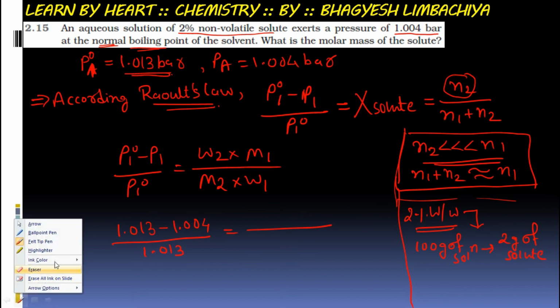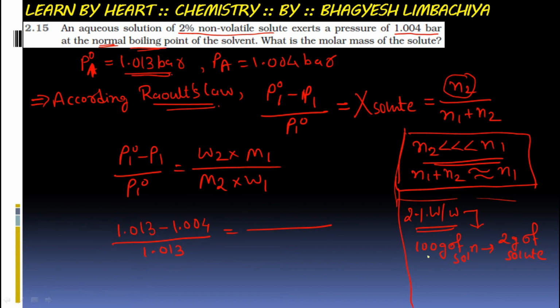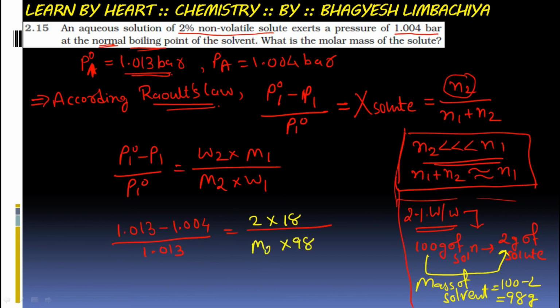So the mass of solvent will be the subtraction from 100, that is 100 minus 2, which is 98 grams. So mass of solute is 2, molecular mass of solvent water is 18. Here W1 is 98 and you are asked M2. So by calculation we are getting the value of M2 as 41.35 gram per mole.